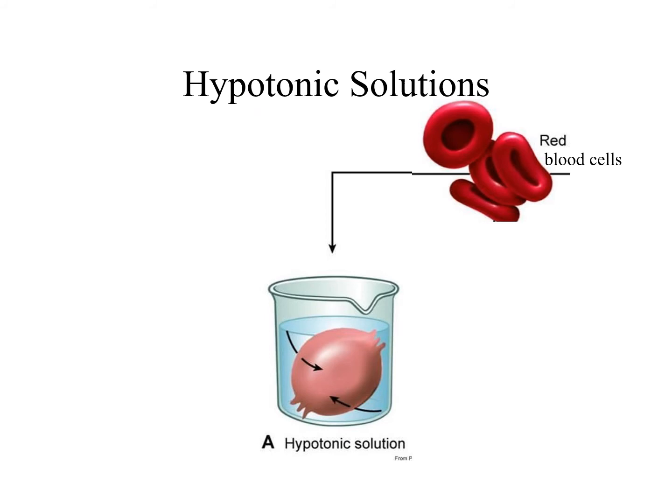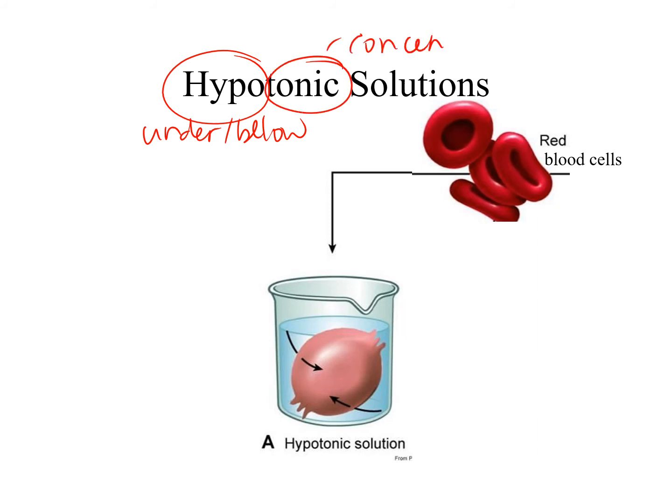So let's talk about hypotonic solutions now. Hypo as a prefix means under or below. Tonic, of course, we said means concentration. And let me draw your attention to a phrase in the course pack that says water always follows salt. I'm going to put that over here.